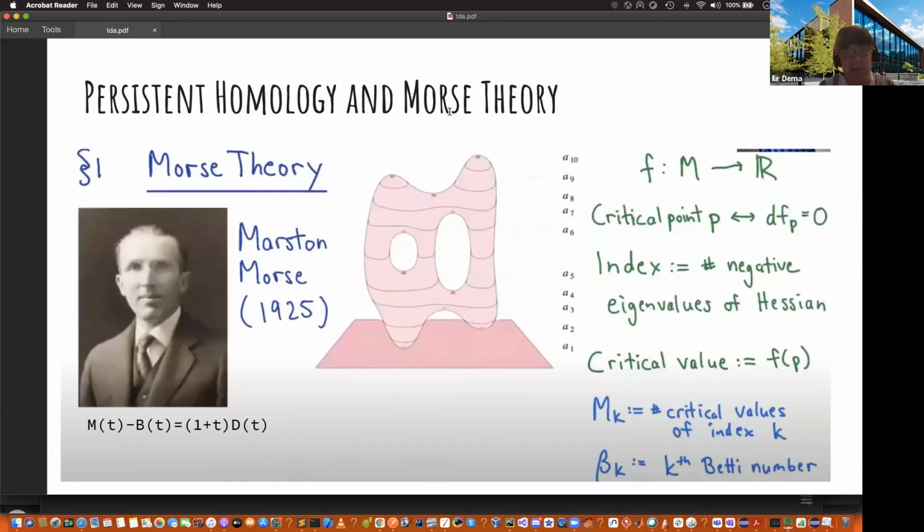The number of connected components is the Betti number in dimension zero. The Betti number in dimension one is the number of circles, or linearly independent one-dimensional features.